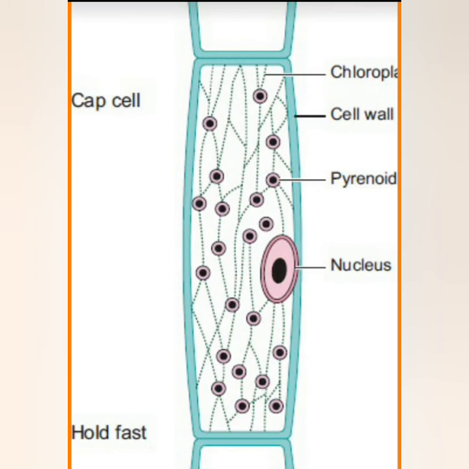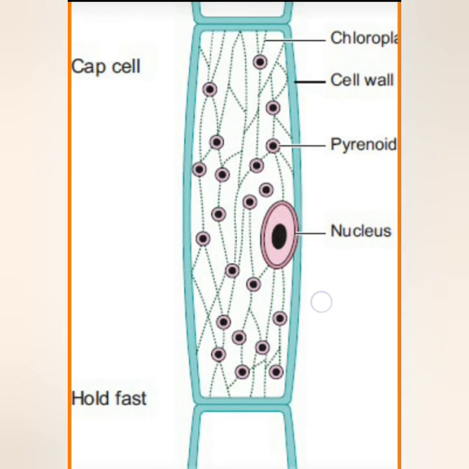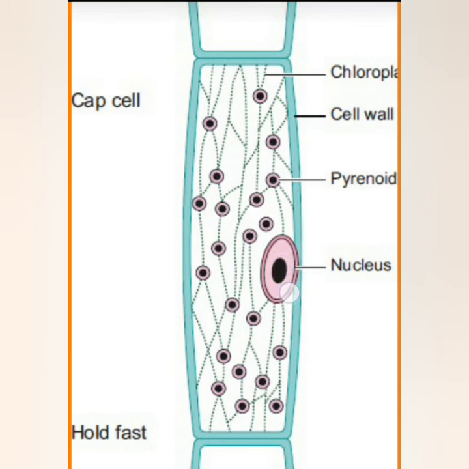So these cells are uninucleate, and what you can see here is a nucleus. Sometimes the nucleus is present in the center of the cytoplasm, but in this case it is eccentric, that means away from the center.